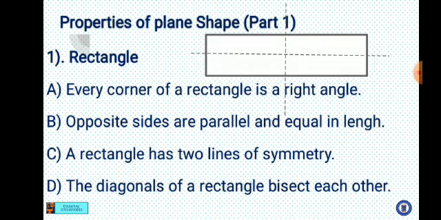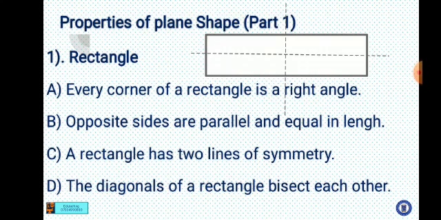Lines of symmetry means a line that can divide a shape into 2 equal parts. You can see in this diagram, you can divide it vertically and you can divide it horizontally. When you divide it vertically, you have 2 equal parts.